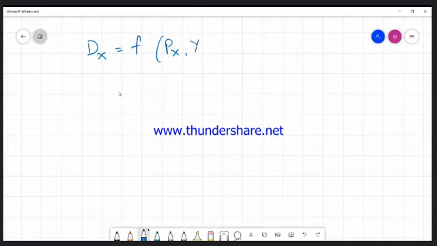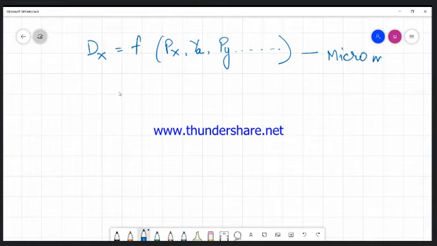Then you say Y of A. Then you say P of Y. And like that you were saying. So this was a micro model. A model is just a relationship, okay?